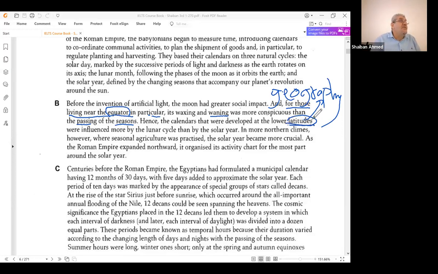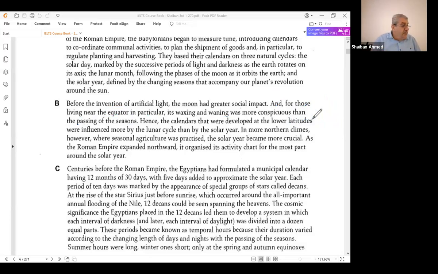Maybe you don't know the meanings of the two words, but I'm lucky because I know them. Equator is the line at the middle of the globe.